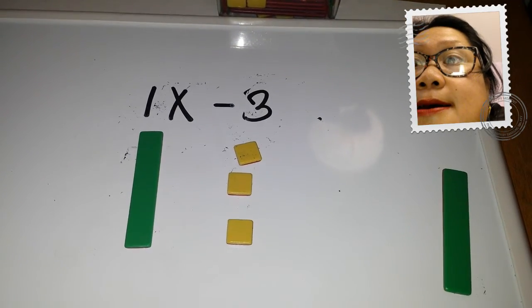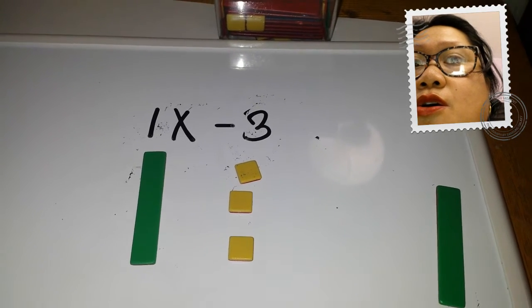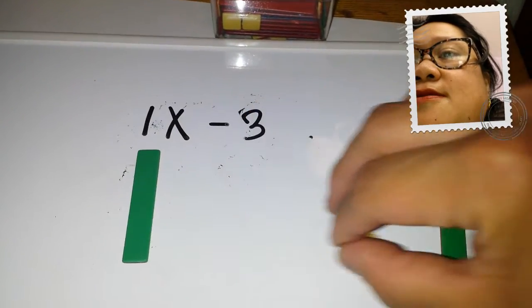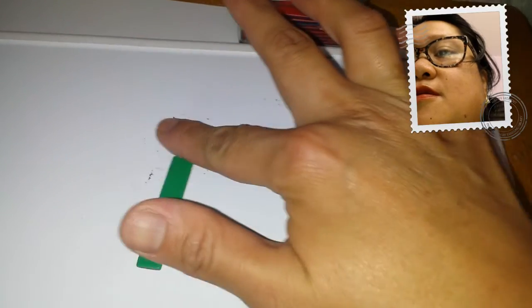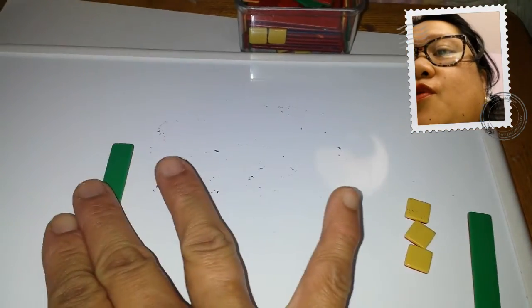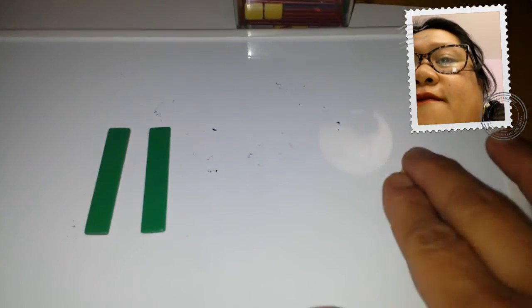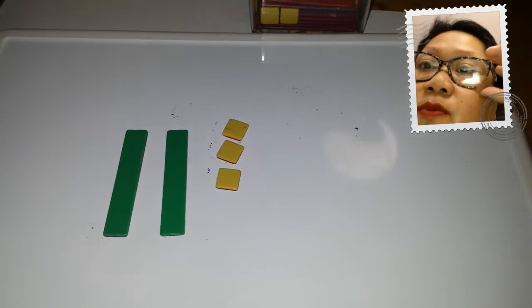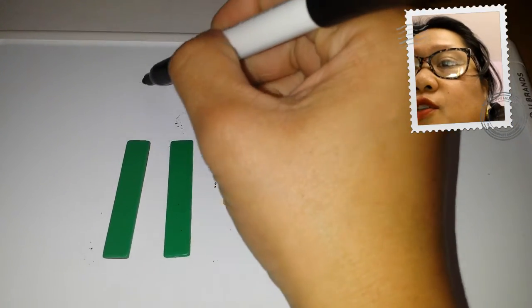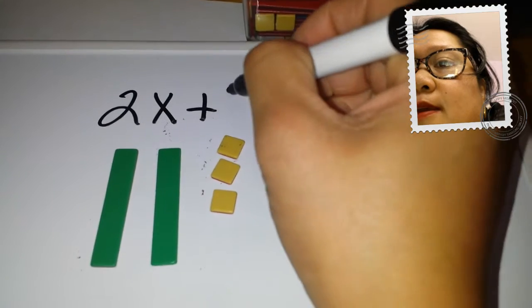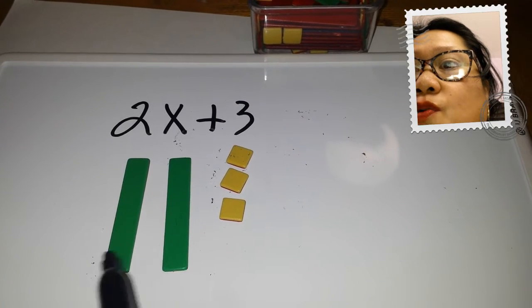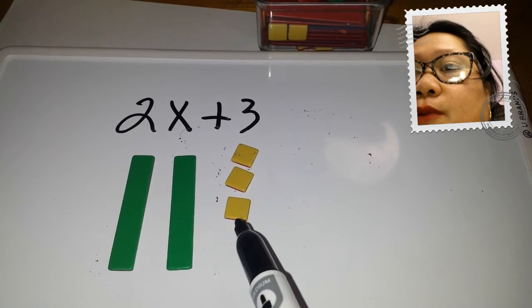So we can also add two equations. I'm going to move everything else over here again, and I'm going to erase this over here. So for example, if we had two of these green rectangles over here, and then if we have 3 of the squares, so this would be 2x plus 3, this whole thing. 1, 2, 3.